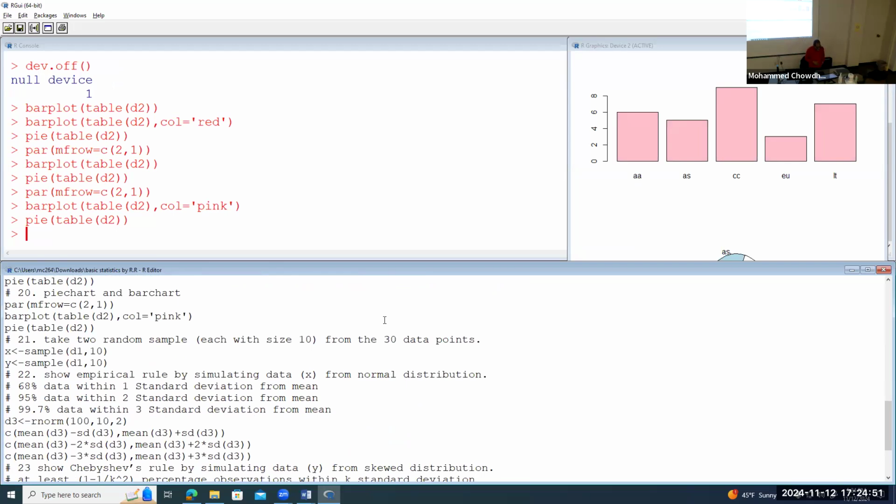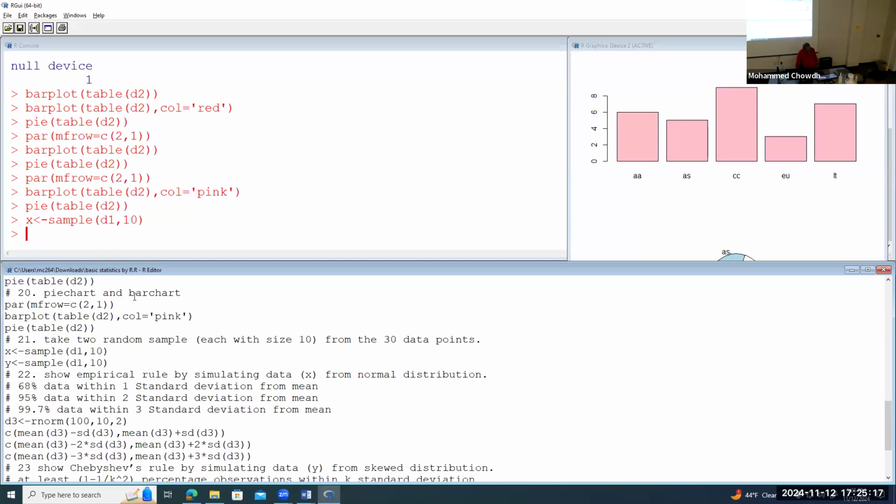Now I want to show how to take a sample of size 10 from the data that I have created, right? That D1 data has 30 data points. I want to take a random sample of size 10, which could be done by running this.